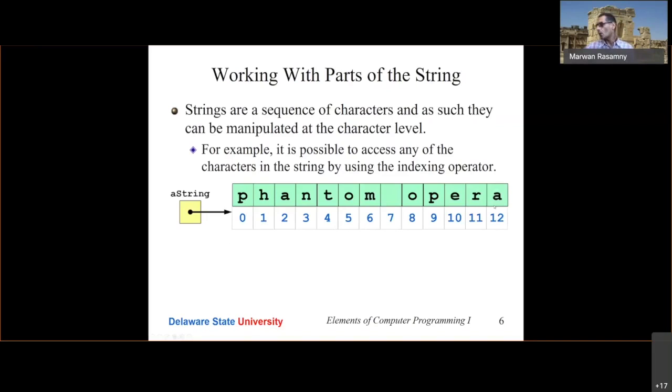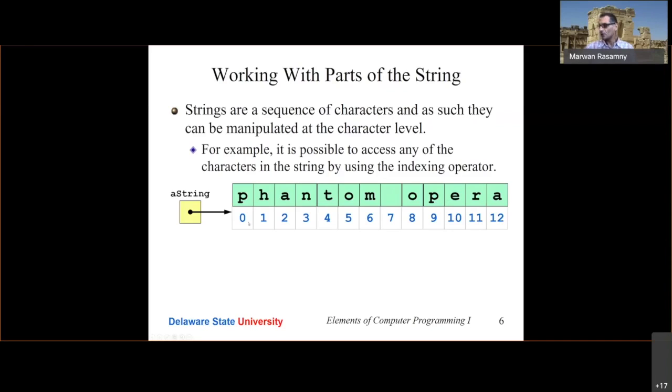The last index in the string is 1 less than the length of the string. If you look at Phantom Space Opera, there are 13 characters in here. Everybody see that? So 1, 2, 3, 4, 5, 6, 7, 8, 9, 10, 11, 12, 13. So the last index is always one less than the length.